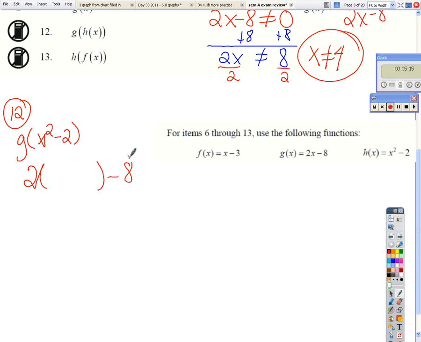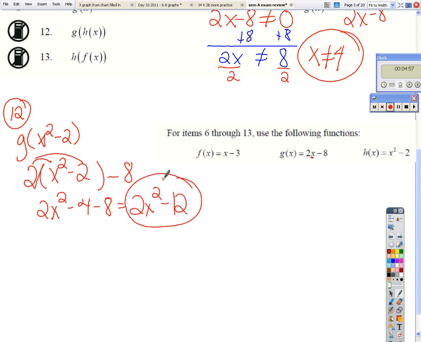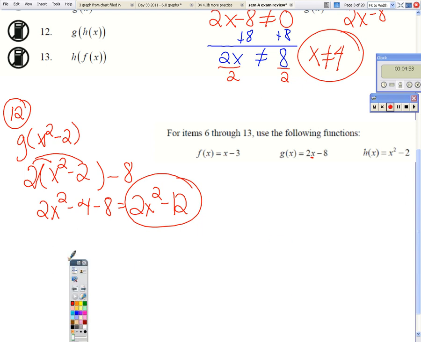So there's my g of x equation from the problem with a spot held for the x. And instead of x, I need to put x squared minus 2. We can simplify this, distribute the 2 to both pieces, and combine like terms. So 2x minus 12.